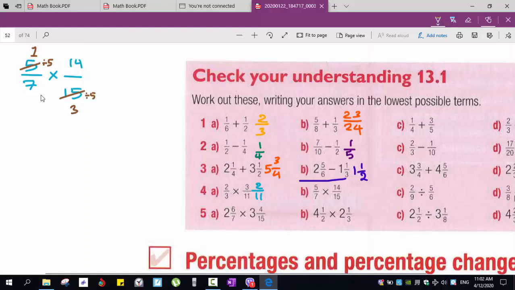7 and 14, they are both divisible by 7. Divide by 7, it will be 1. Divide by 7, it will be 2.